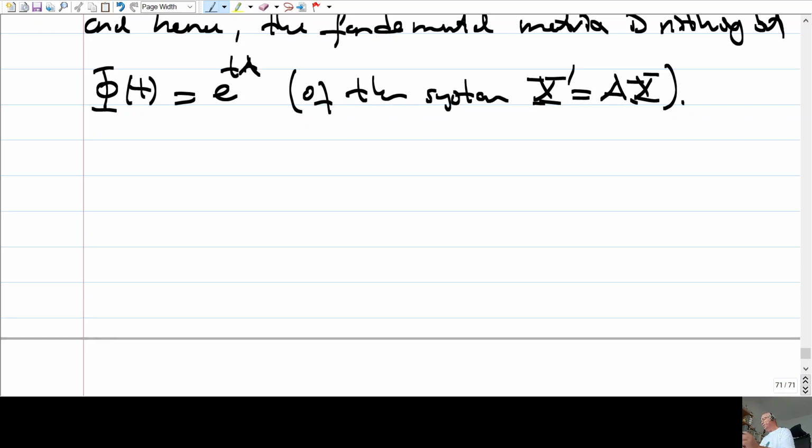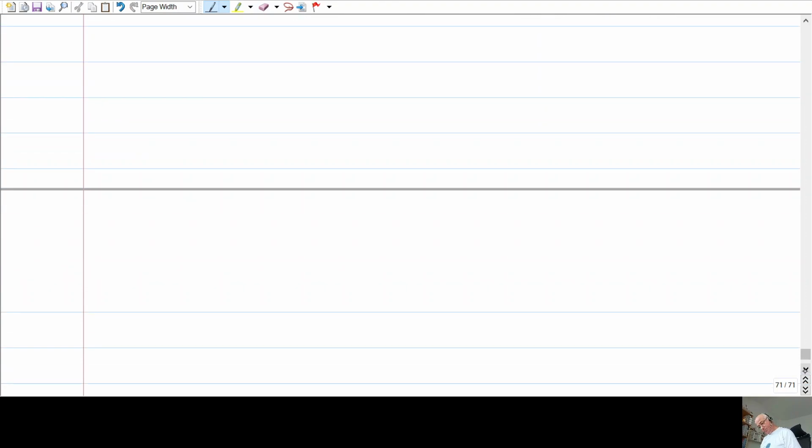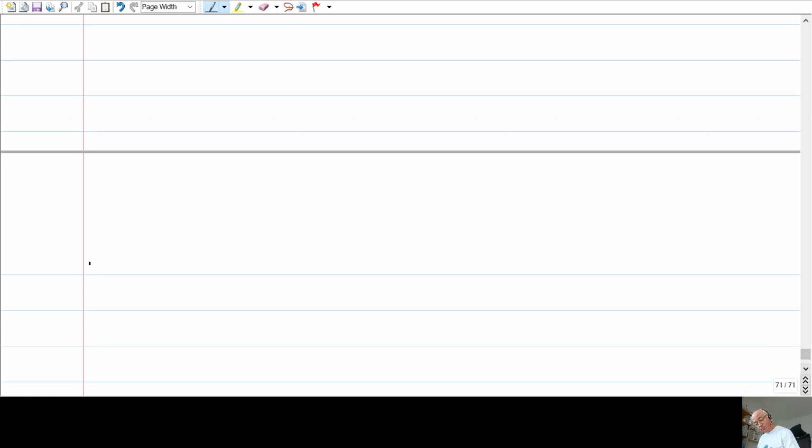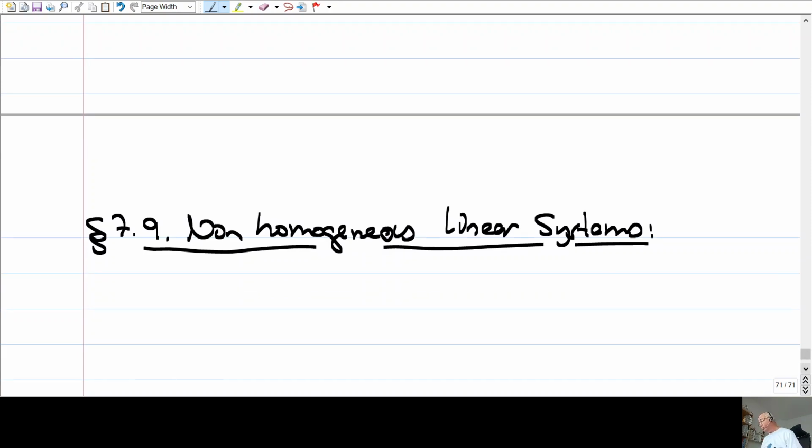We have now non-homogeneous systems. We will make use of fundamental matrices when we now consider non-homogeneous linear systems. So what's a non-homogeneous linear system?